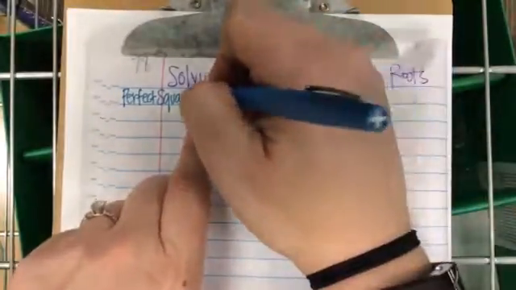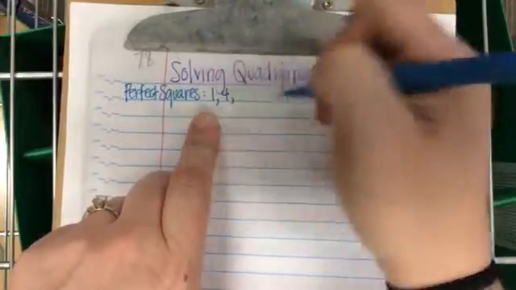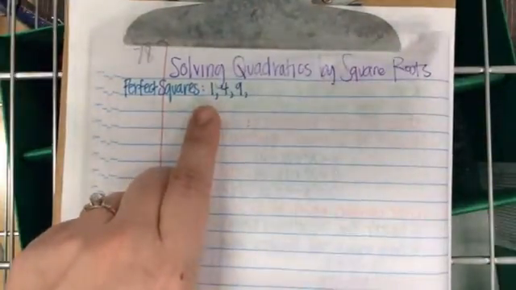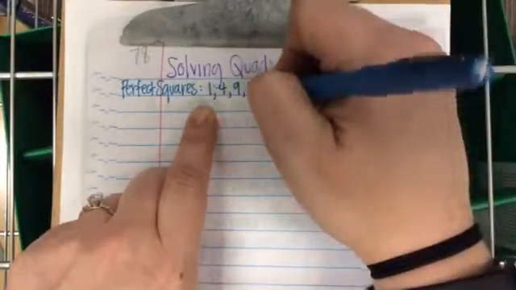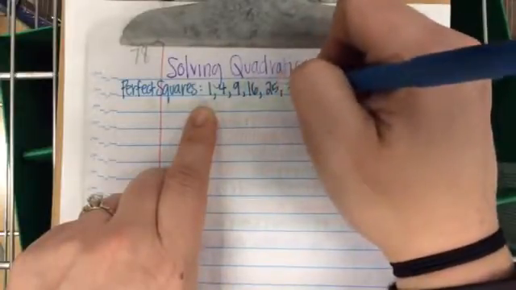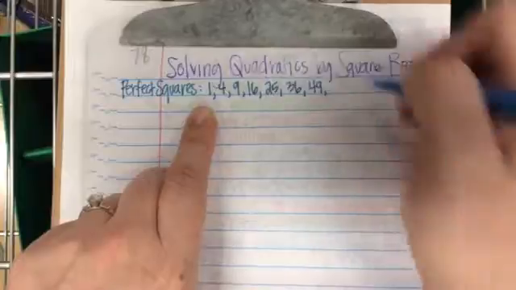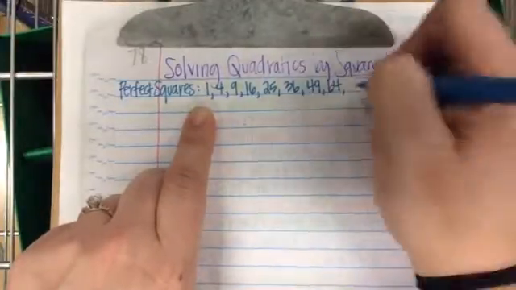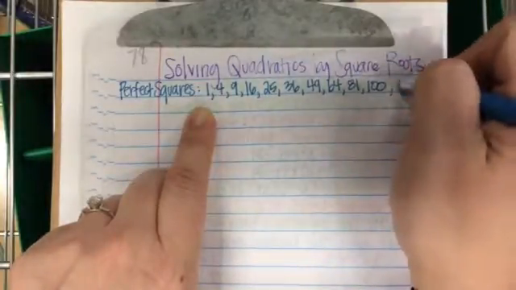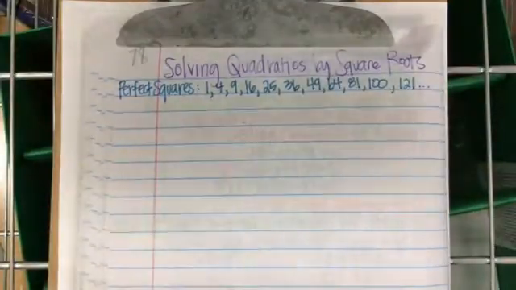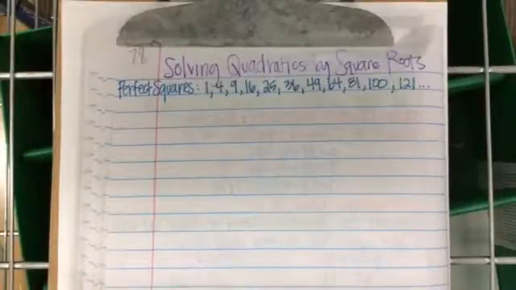And perfect squares are 1, 4, 9, what's next? 16, 25, 36, 49, 64, 81, 100, 121, right? You have to have a good understanding of perfect squares.